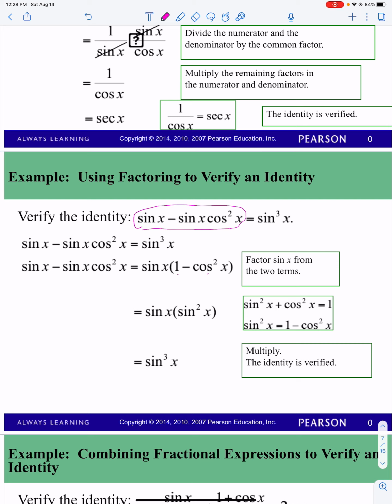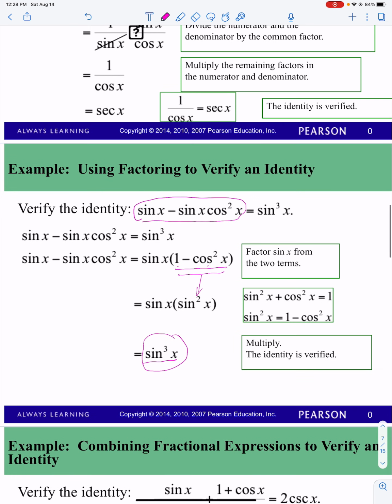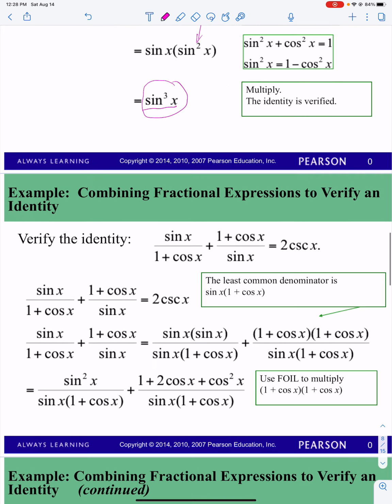So why do we want to have sine? We want to replace 1 minus cosine squared with sine squared, because on the right side you have sine cubed. Okay, so this is how to verify the identity.